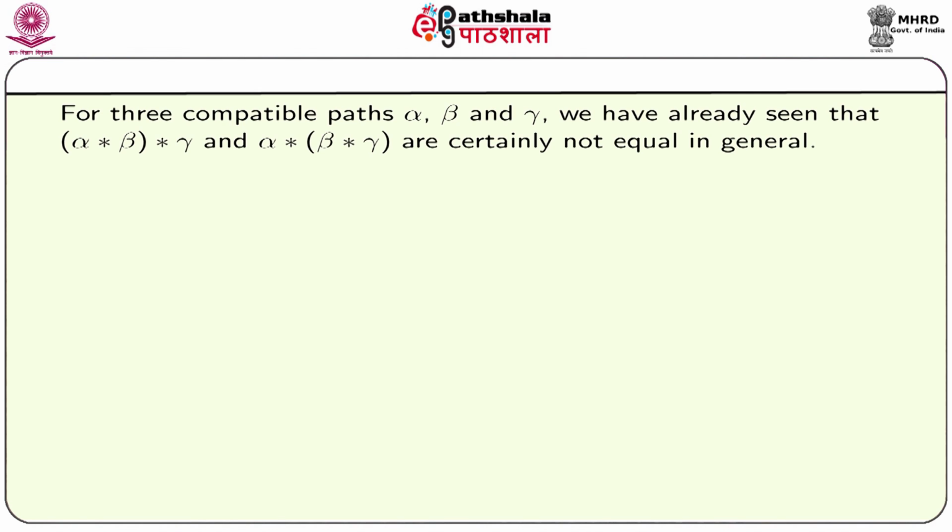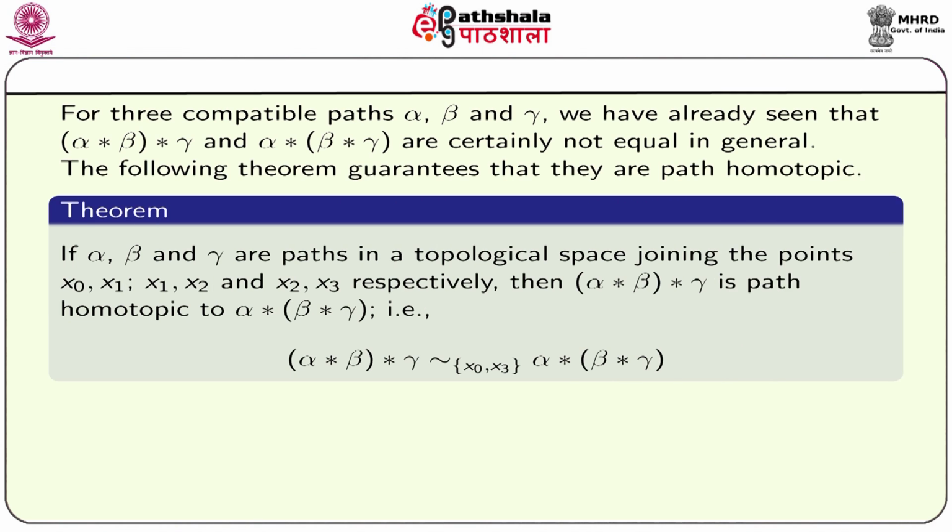For three compatible paths alpha, beta and gamma, we have already seen that (alpha star beta) star gamma and alpha star (beta star gamma) are certainly not equal in general. The following theorem guarantees that they are path homotopic. So, we state a theorem: suppose we have three paths alpha, beta and gamma in a topological space which are compatible for taking product.